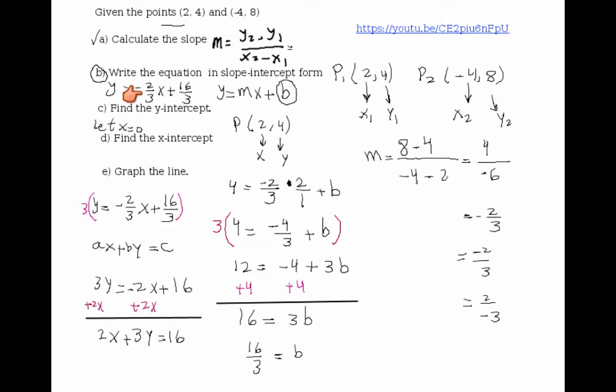I can use this one or I can use this one. Both of these are the equation of the line in different formats, right? So let's look at the standard form. If x equal to 0, what is y? If I put 0 here, I would get 2 times 0 plus 3y is equal to 16.